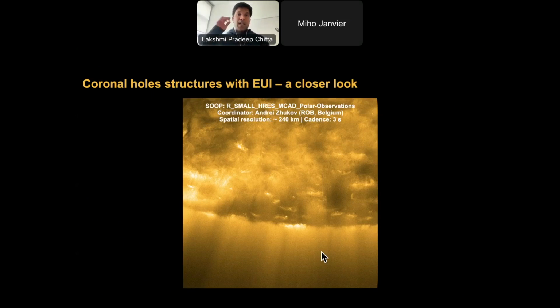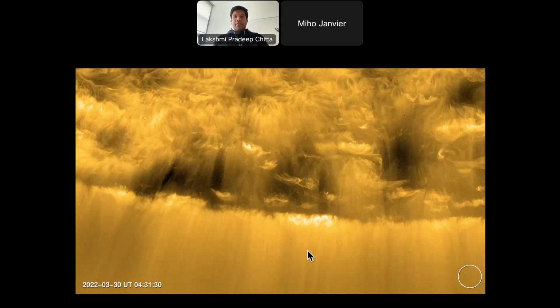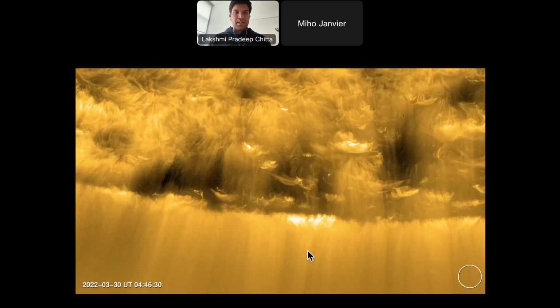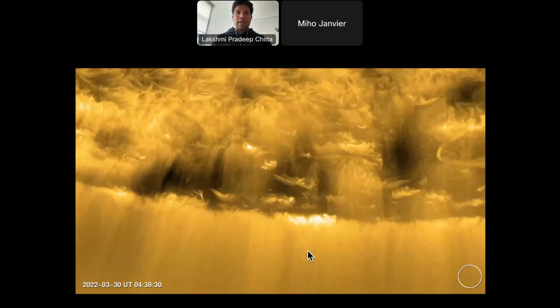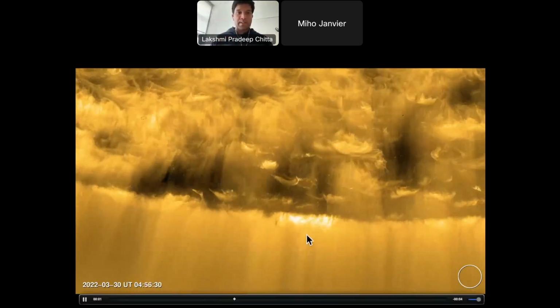Now, in another SOOP led by Andrei Zhukov from ROB, we observed a polar region of the Sun's south pole, and we could see that there are these dark patches that we call interplumes. When we process the data, we find out that the entire region is filled with narrow jets that live for a very short time, 10 to 20 to 100 seconds, and they move out very fast with 100 kilometers per second speeds.